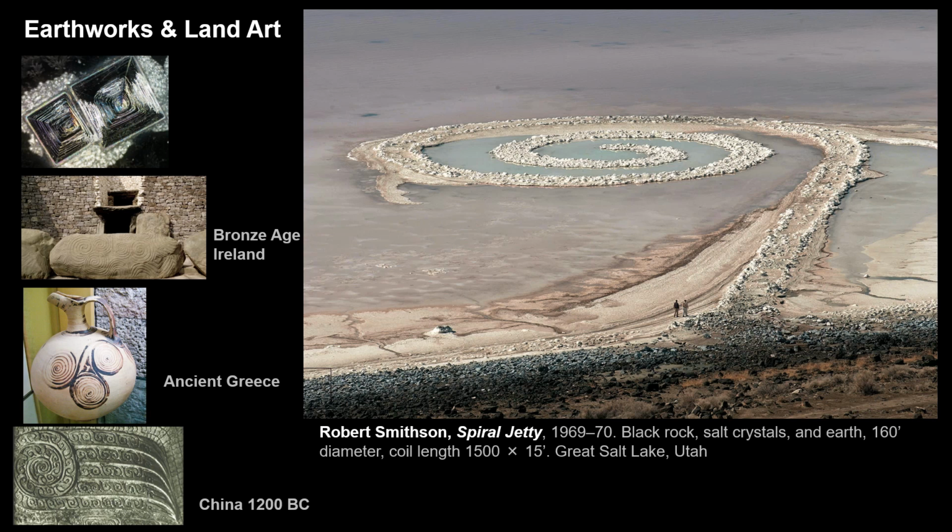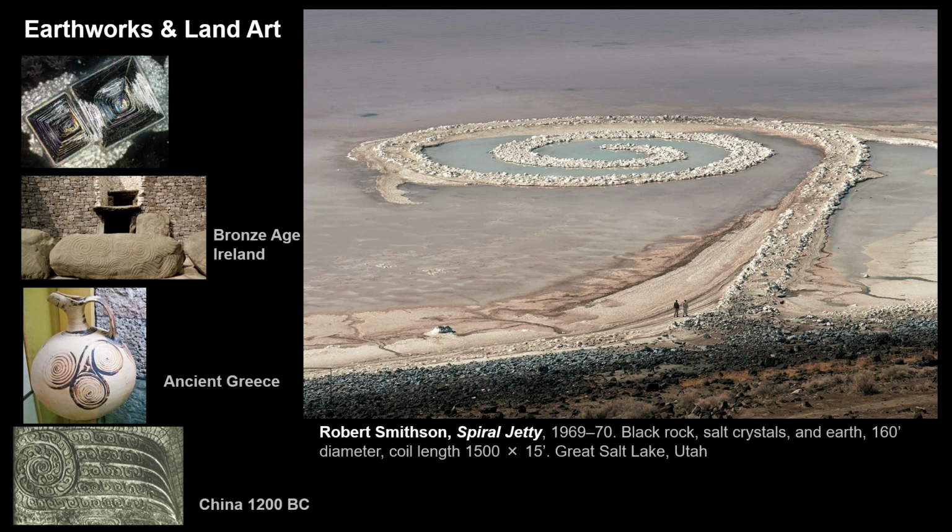And he does something very similar. He creates Spiral Jetty, which is in the Great Salt Lake, and it is massive, 1,500 feet, about a quarter of a mile long. It is massive. So why?